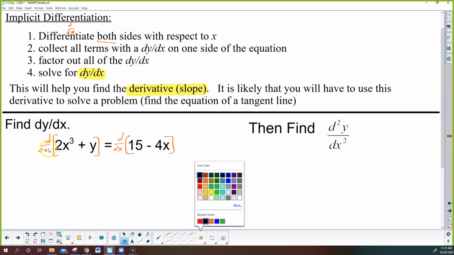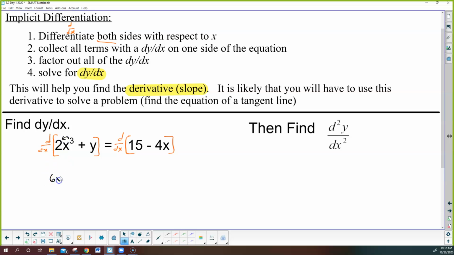We have to take the derivative of both pieces with respect to x. So the derivative of 2x to the third, the 3 is going to come down, and that's going to give me 3x squared, just like we did before. And then officially, we're taking the derivative of x with respect to x.